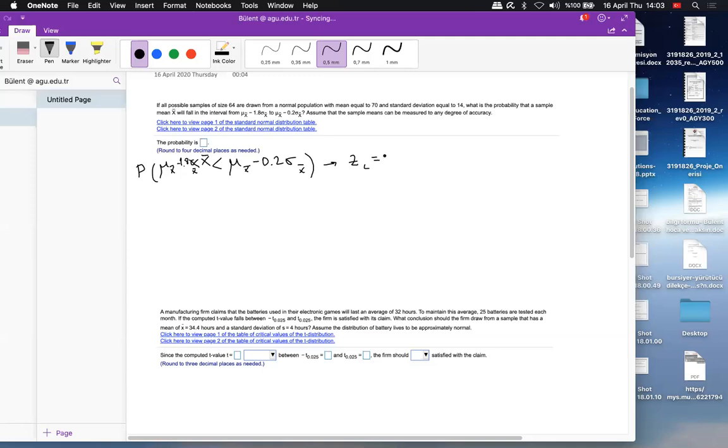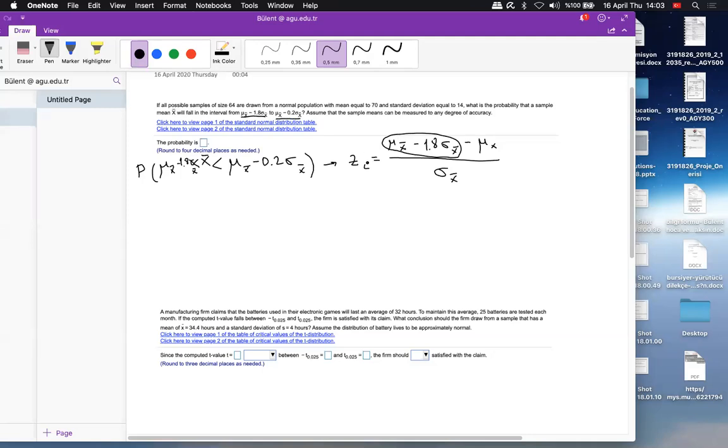So Z lower bound is going to be mu X bar minus 1.8 sigma X bar minus mu X, divided by sigma X bar, okay? So this is the lower limit that the question asks from me. It is asked here, the lower limit, and this is the upper limit.